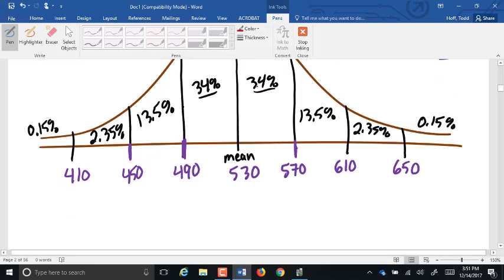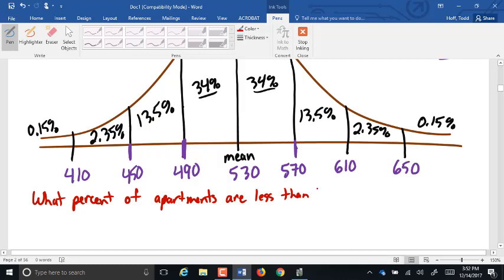So where this comes in to help you is, let's say you ask the question, what percent of apartments, it's implied in there the what percent of 2-bedroom, 2-bath apartments, I just didn't want to write that out, have rent that are less than $450.